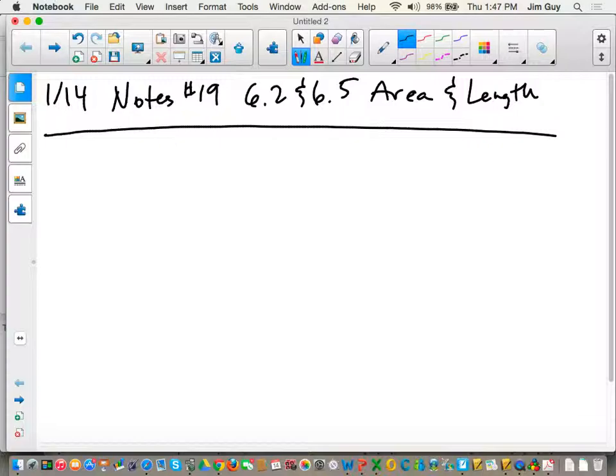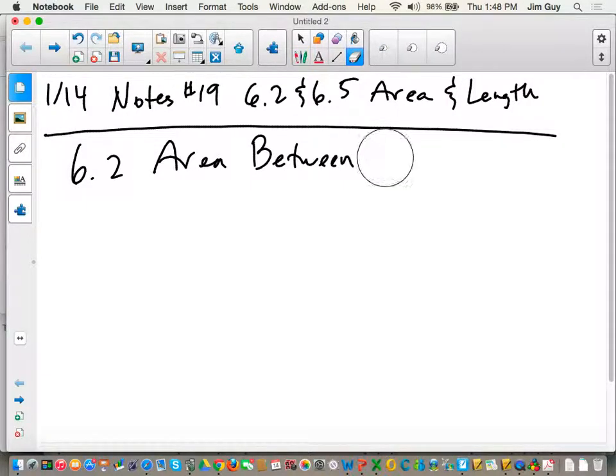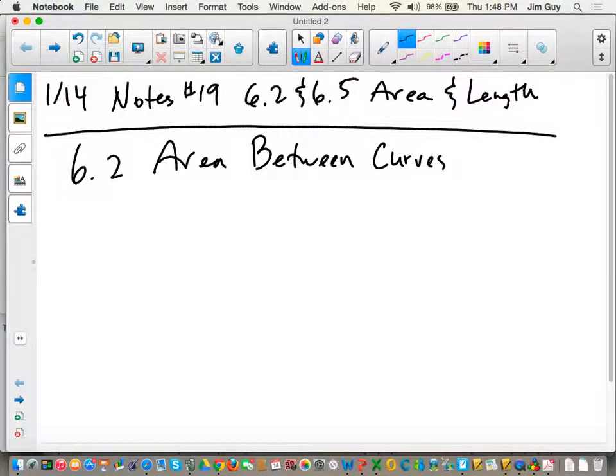We'll get to that in a moment. So, 6.2, area between curves, because you could actually have more than two. This is on page 445 in your book.